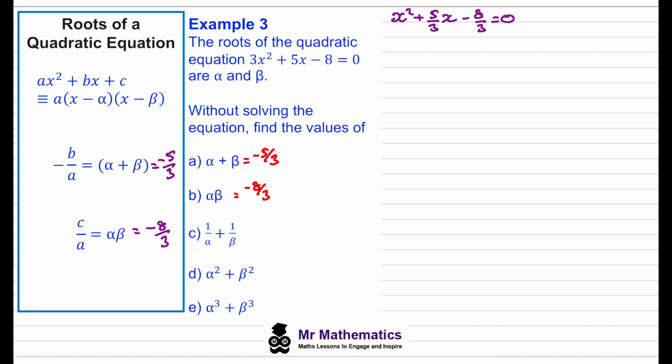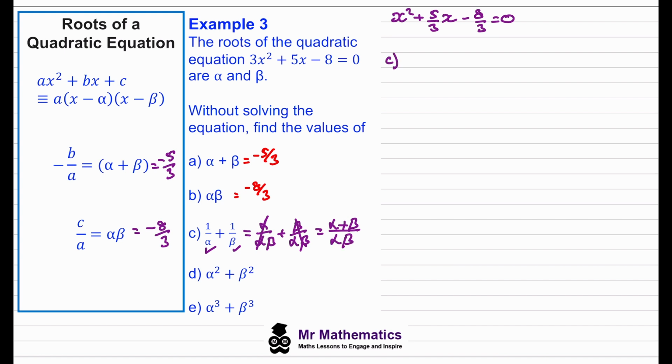So for part C, to work out 1 over alpha plus 1 over beta, well, this will be alpha over alpha beta plus beta over alpha beta. These two will cancel to give us this term, and these two will cancel to give us this term. So we can simplify this as alpha plus beta over alpha beta.